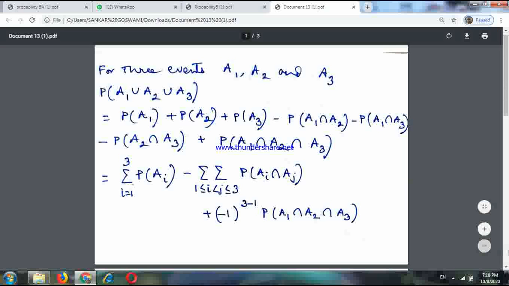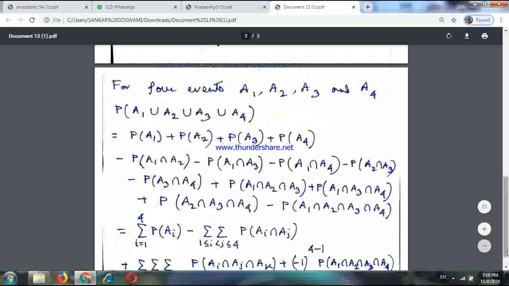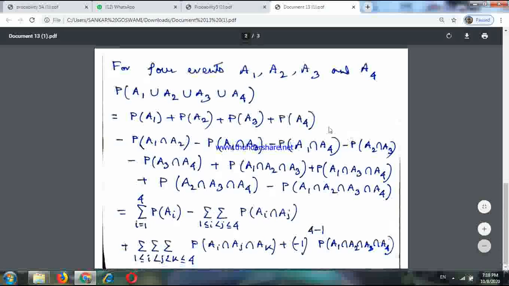Now for 4 events, how can I write? For 4 events A1, A2, A3 and A4, first of all, I write P(A1) plus P(A2) plus P(A3) plus P(A4). Then minus: for compound events considering 2 events, I use the minus. Then again for 3 events plus, then again for 4 events minus. You see, I write summation P(Ai) minus the double summation P(Ai intersection Aj), with i less than j.